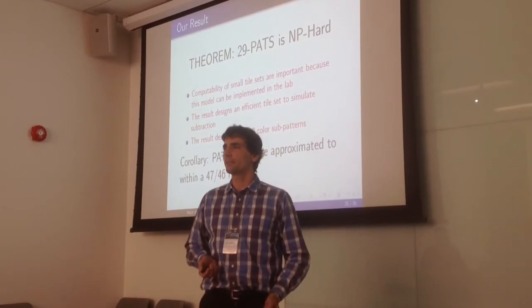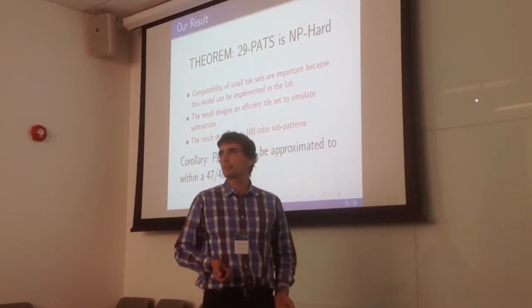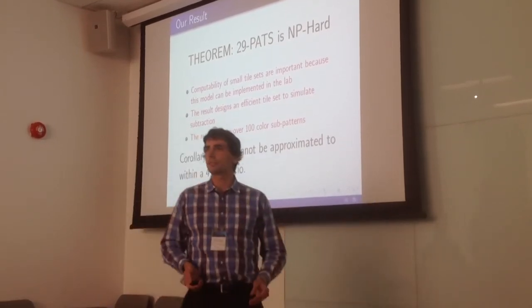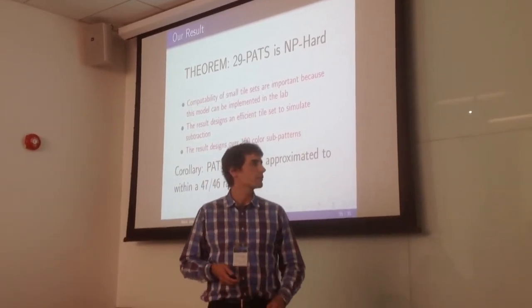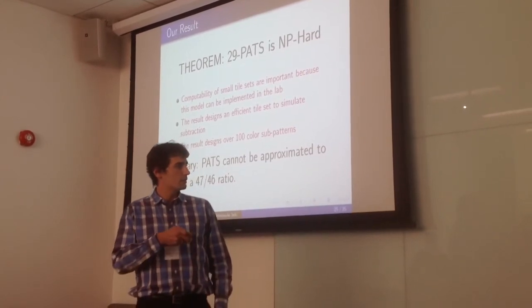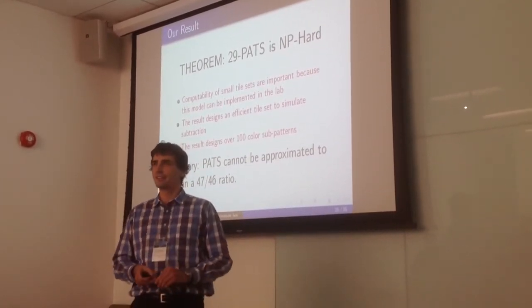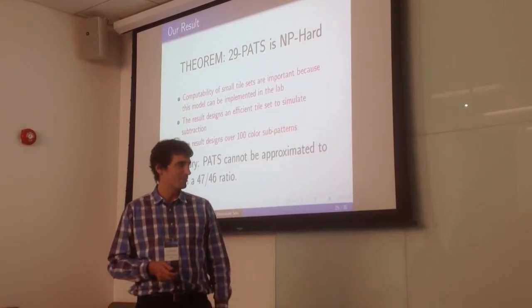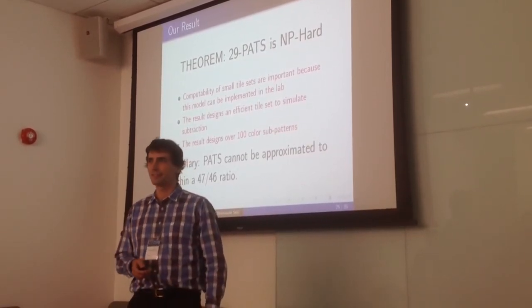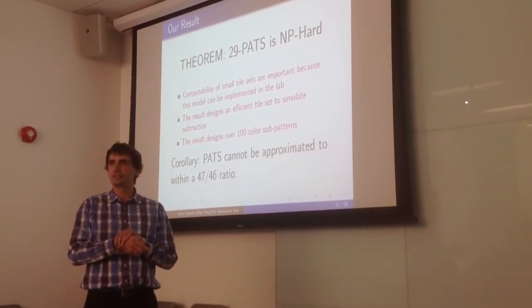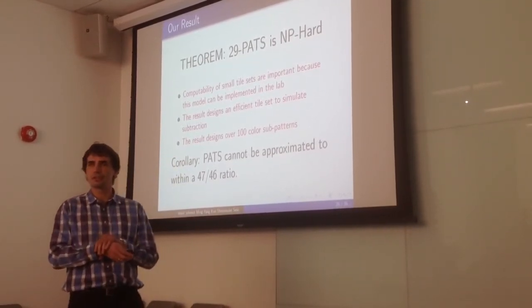So we're learning something about computation in this model. And the result requires over 100 gadgets for the reduction. And then, proving that we belong in this session, we also get an inapproximability result of 47 over 46. This is for the size variant of PATHS, which says, just tell me the size of a minimal tile set. Don't actually tell me the tile set.